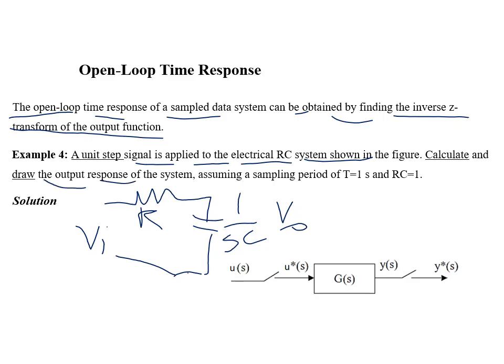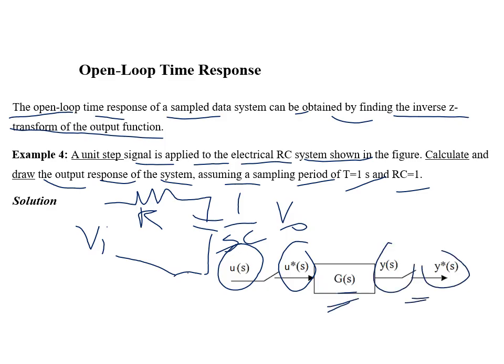We need to draw the output response of the system assuming a sampling time equal to 1 and RC equal to 1. We have here U, then a sampler, U star, G the transfer function, then Y, then a sampler, then Y star of S. The function for the RC circuit equals 1 divided by S plus 1.